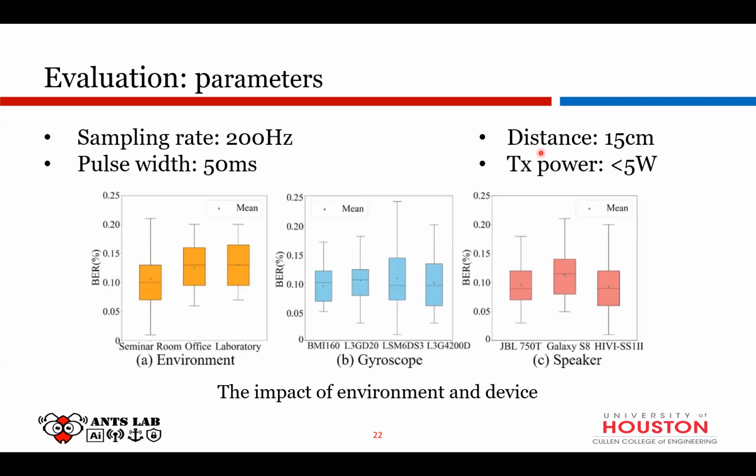The distance they test their bit error performance at is 15 centimeters, the pulse width used here is 15 milliseconds, and we transmit the signal using power smaller than 5 watts.